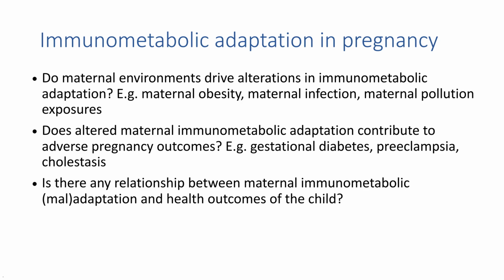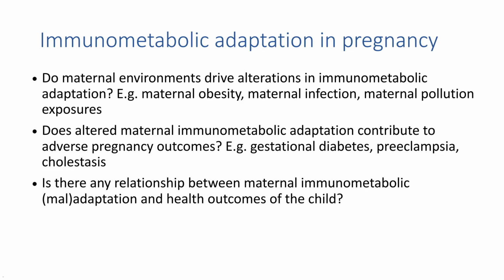As I said, I've mentioned gestational diabetes, but there's also huge interest in preeclampsia and cholestasis, which is an itching disease of pregnancy associated with changes in metabolism of cholesterol. And of course, that impacts on inflammatory pathways as well. And there's also lots and lots of interest in how that maternal environment during pregnancy is shaping the development of the baby and affecting that baby's health outcomes for the future.